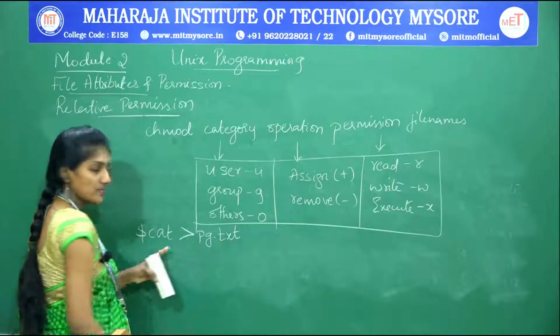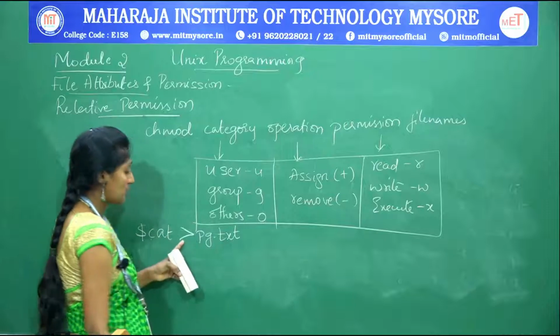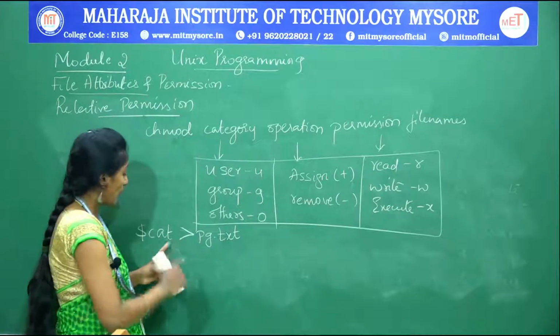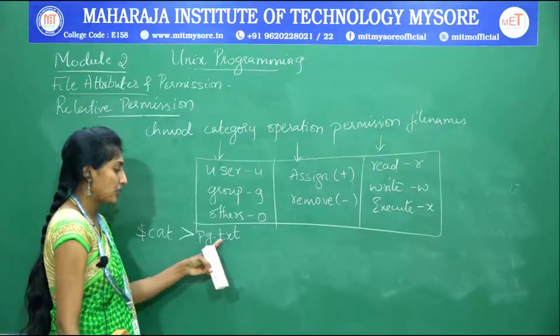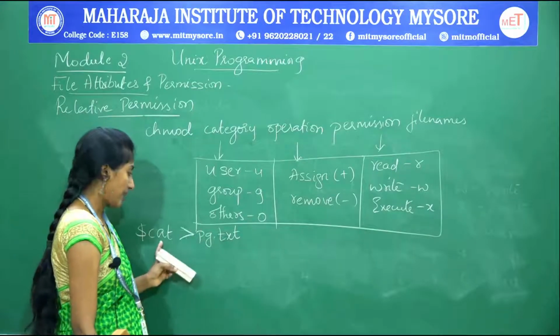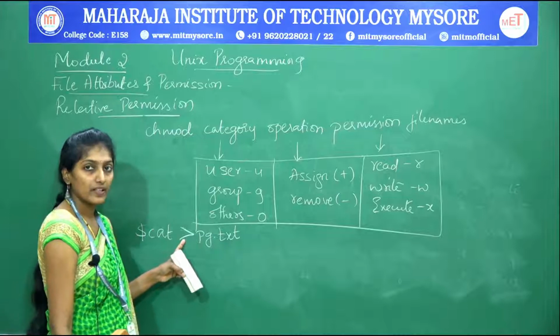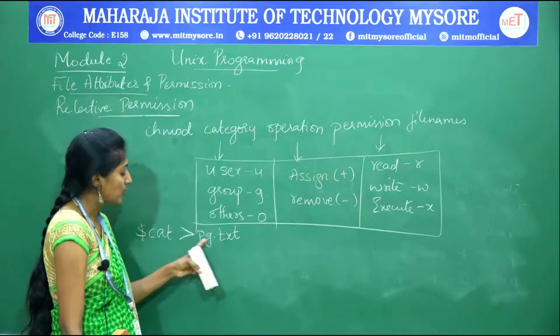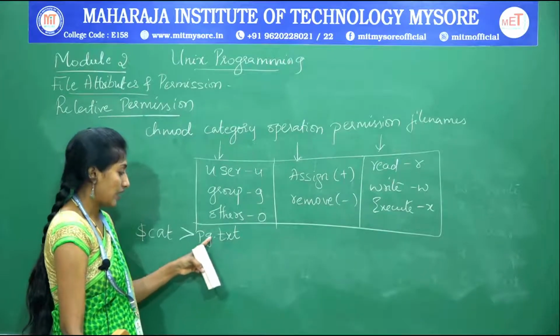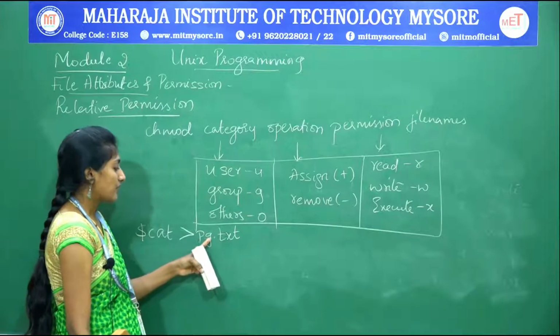As I said in the previous module, the cat command is used for 2 purposes. One is displaying the content of the file name which you provide to this command, and the other is, by using the redirection operator, creating and editing the content of a file.